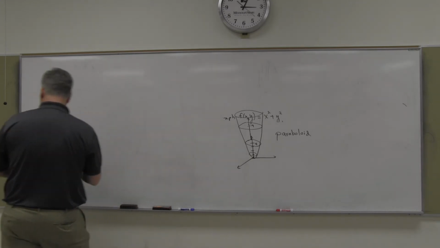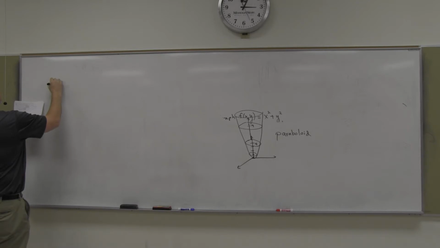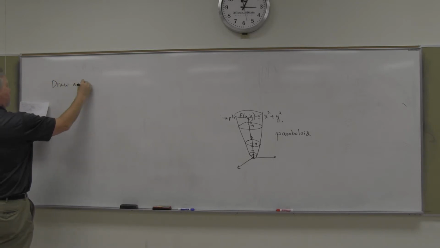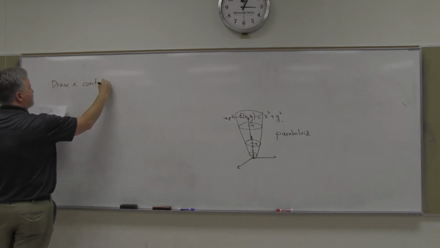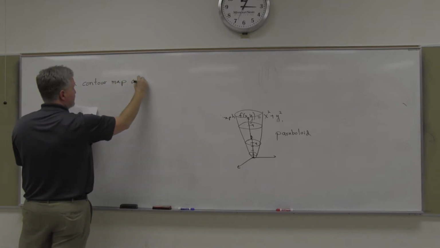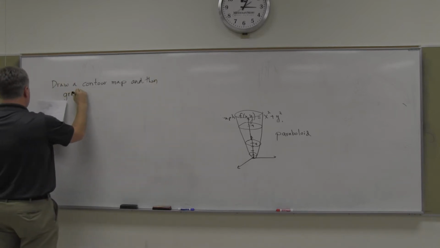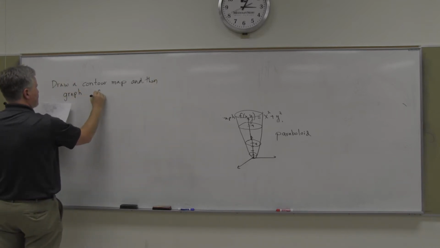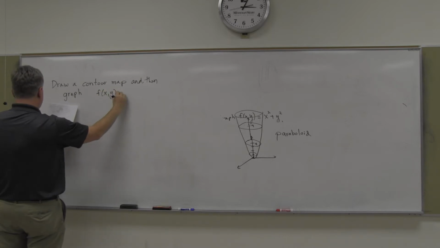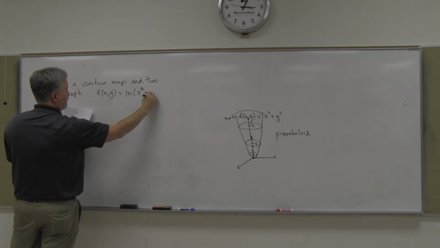Let's draw a contour map and then graph. So here it is: f of x, y equals ln of x squared plus y.